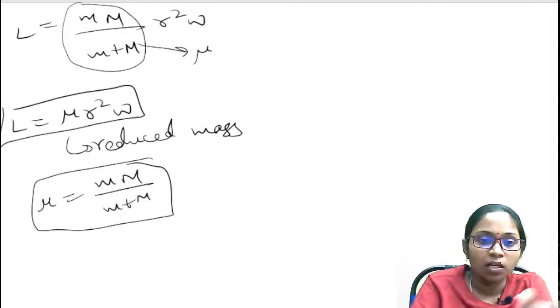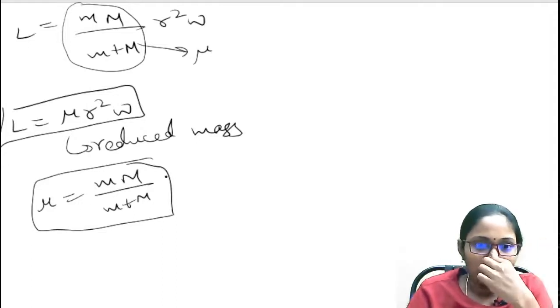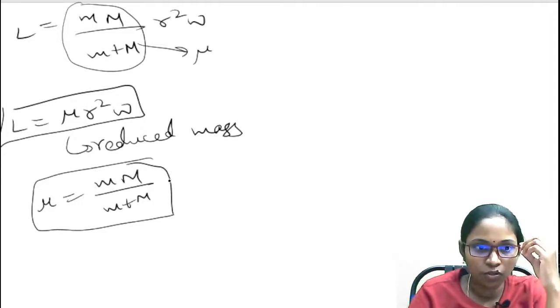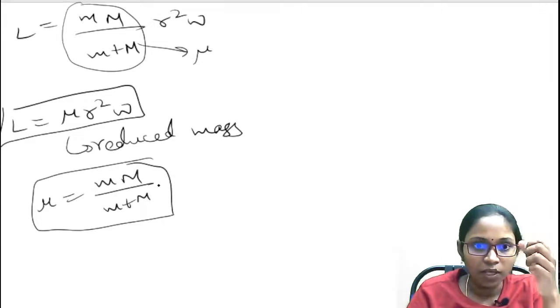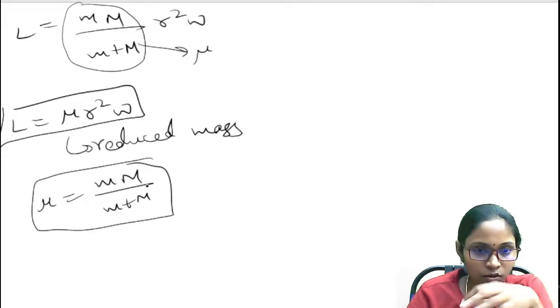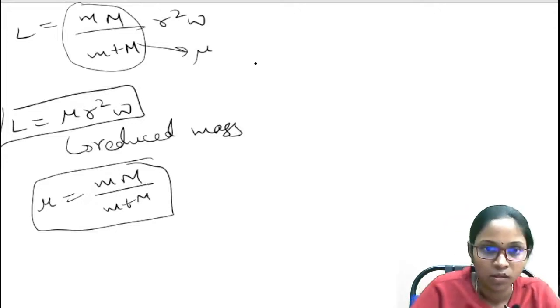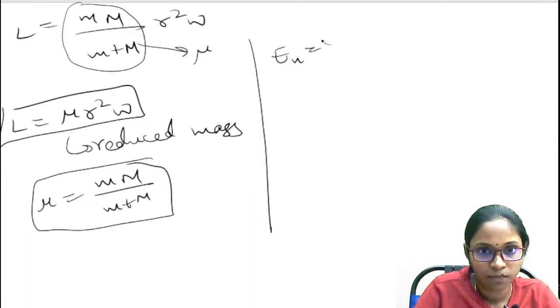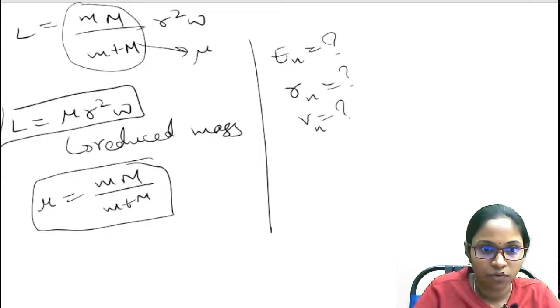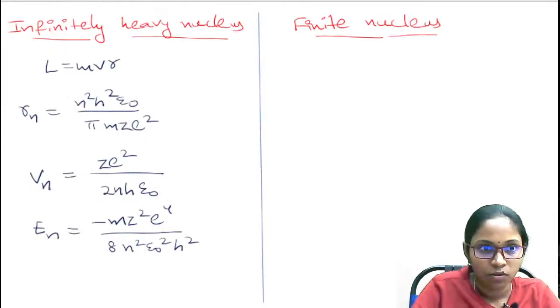Because here the mass is changed, the mass is reduced because of the nuclear finite mass and the motion of the nucleus. Therefore we need a correction for energy, radius and also velocity.